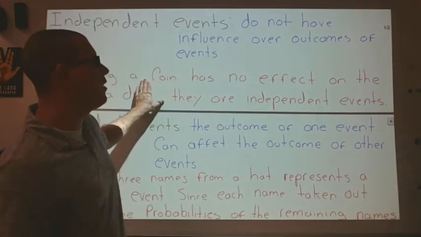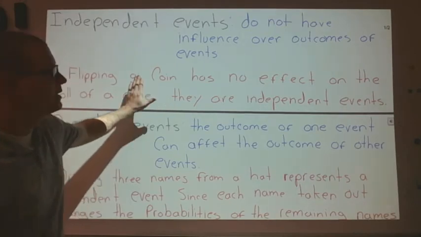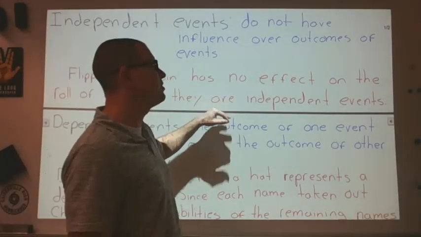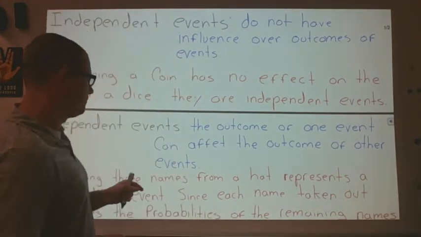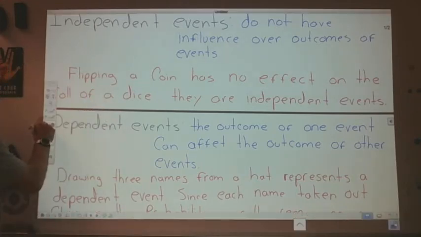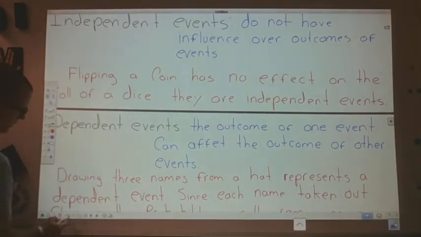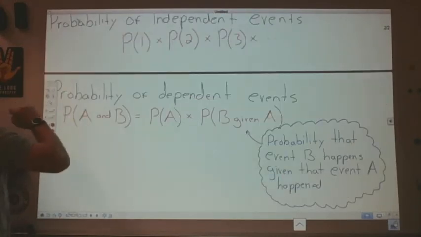For flipping a coin, you always have a 1/2 chance, a 50-50 chance of getting heads or tails. For a die, you always have a 1 in 6 chance of getting one of those faces. So how we calculate the probability of these occurring is also different from one to the other.